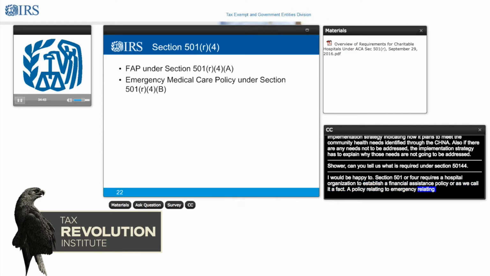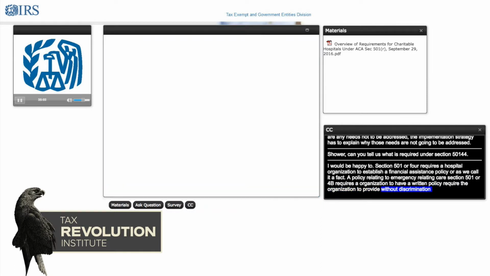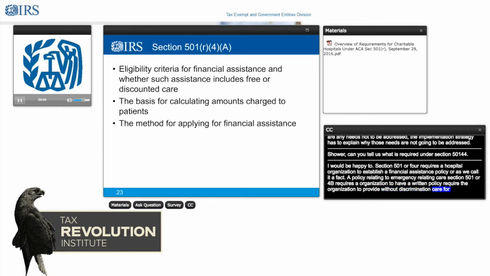Specifically, Section 501(r)(4)(A) requires a hospital organization to have a written FAP. Section 501(r)(4)(B) requires a hospital organization to have a written policy requiring the organization to provide, without discrimination, care for emergency medical conditions to individuals regardless of their eligibility under the FAP.